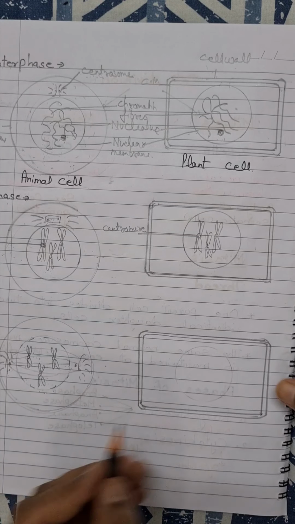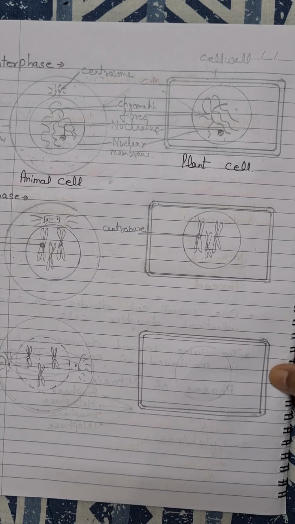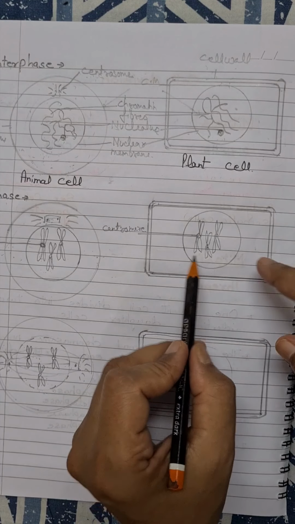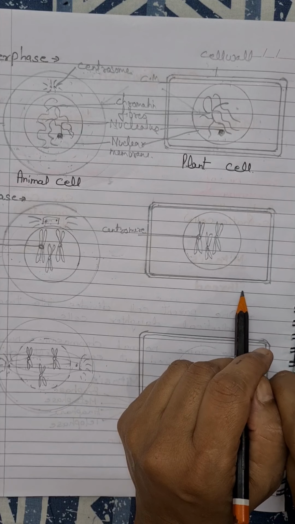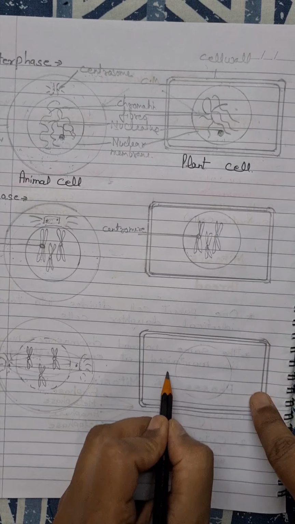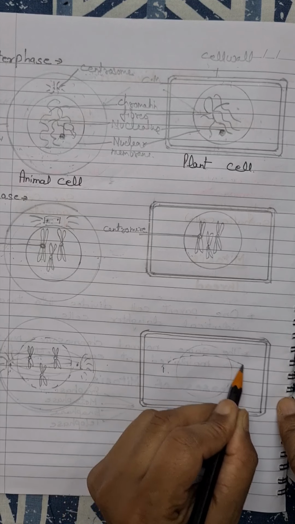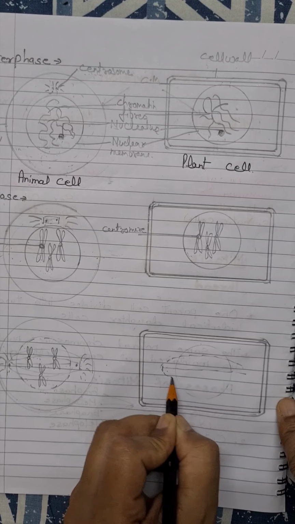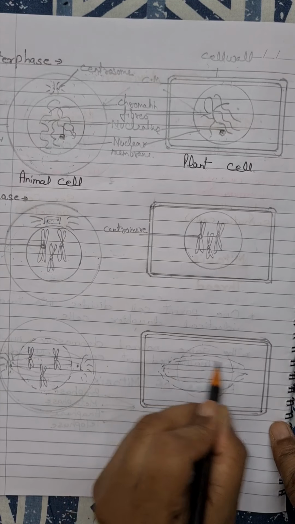Now in the plant cell, as no centrosome is present, spindle formation takes place in the plant cell also, but it takes place due to condensation of microtubules present in the cytoplasm.